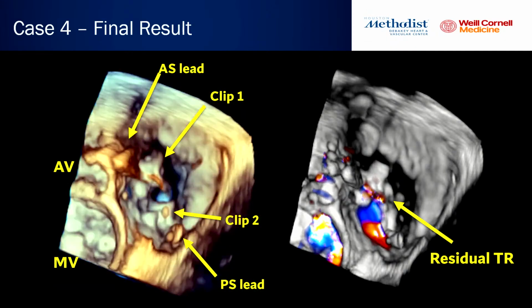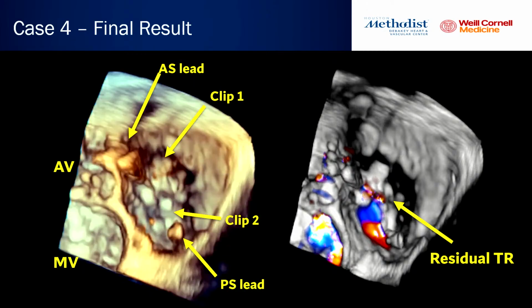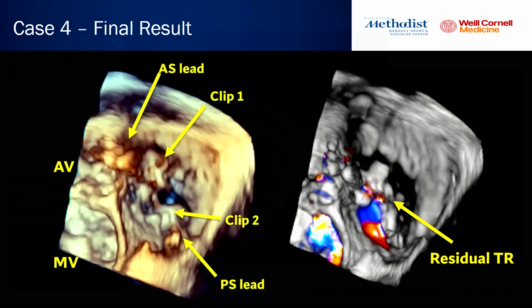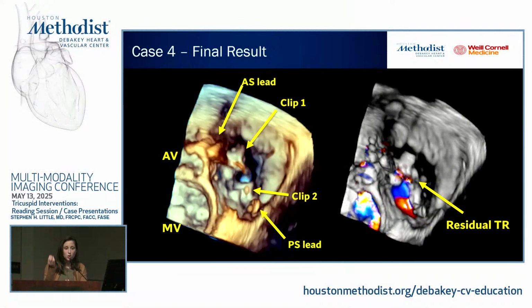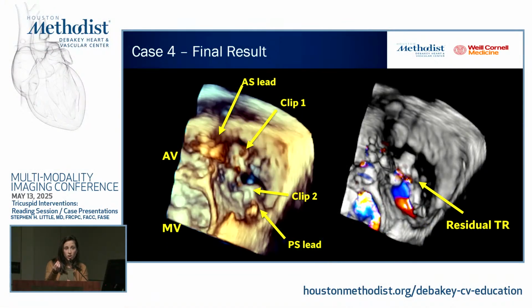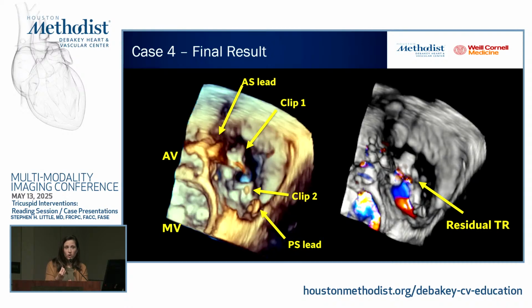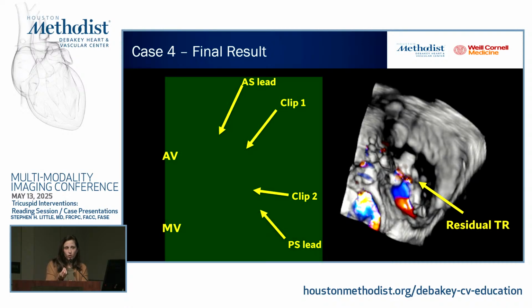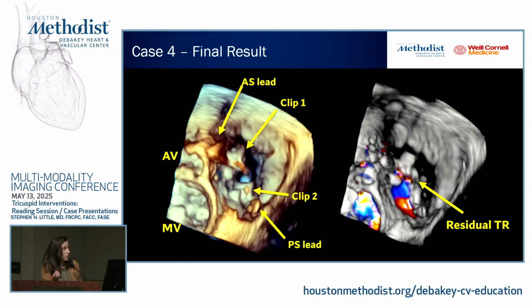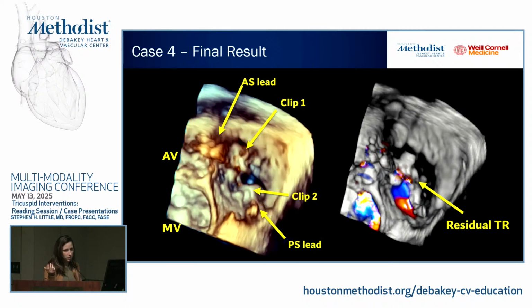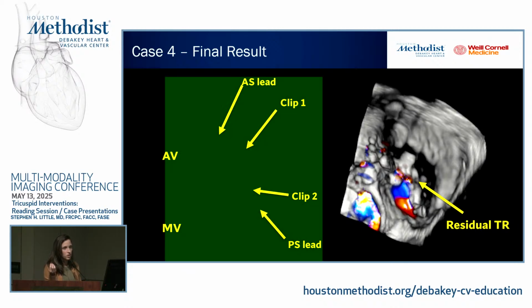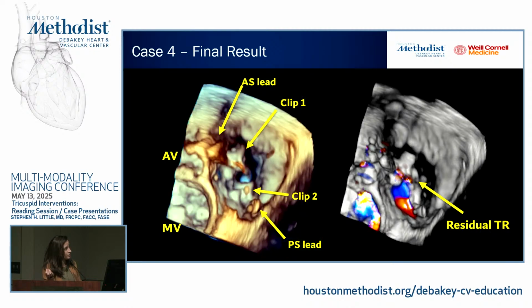I was having that discussion with Dr. Little just yesterday. This is one of the things that you want to avoid: you do your interoceptal first, because if you do the posterior septal first, you're going to cause shadowing, and you may make it more difficult to clip interoceptal later. So most of the time, we're going to start by clipping the interoceptal.